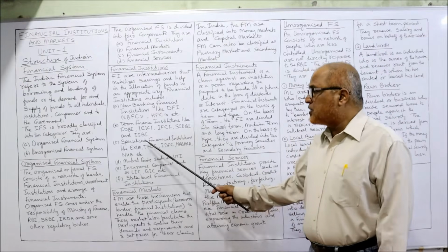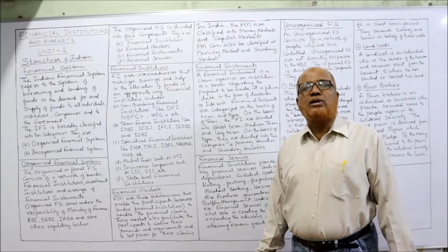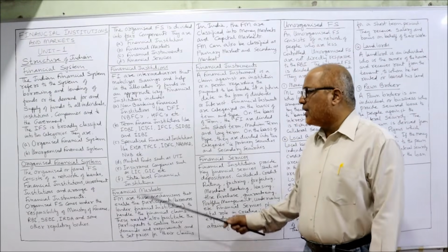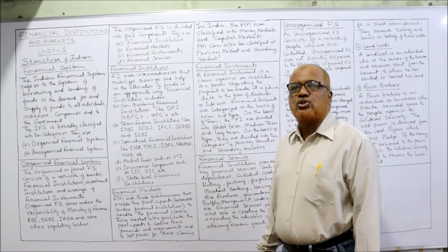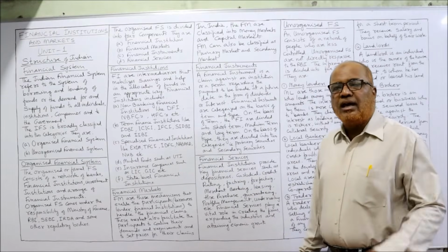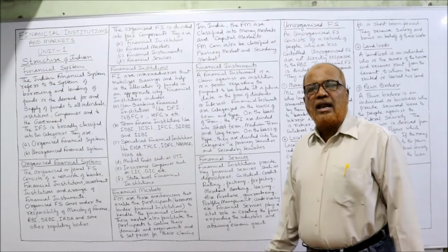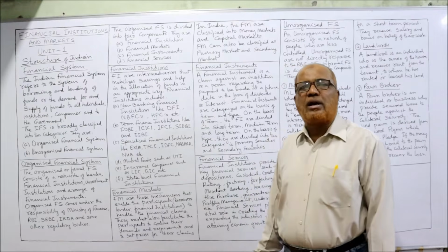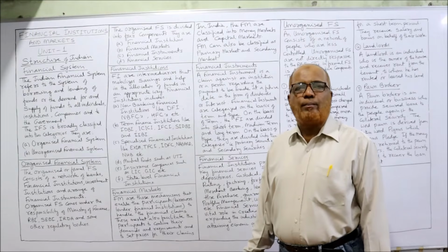Apart from that, specialized financial institutions like EXIM, Export and Import Bank of India, and TFCI, Tourism Finance Corporation of India, IDFC, Infrastructure Development Finance Corporation, NABARD, National Bank for Agriculture and Rural Development, NHB, National Housing Bank.